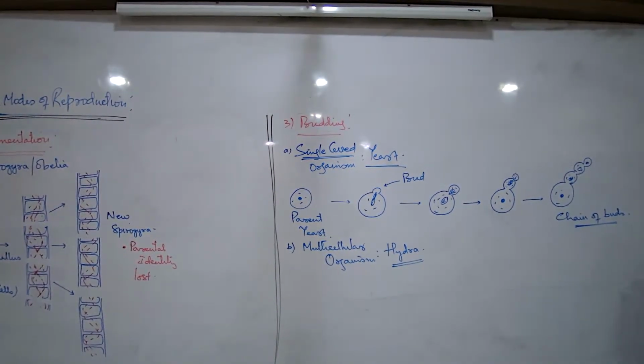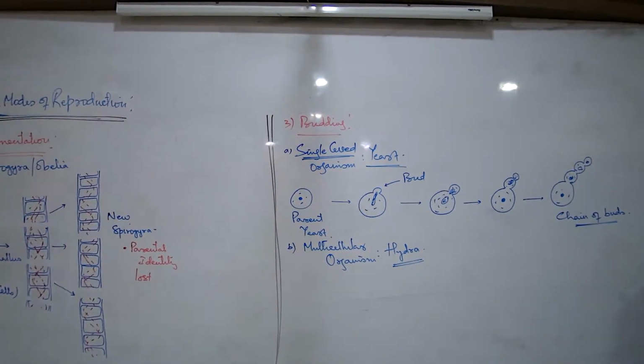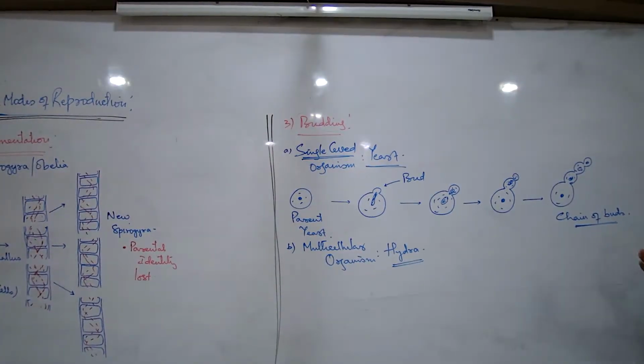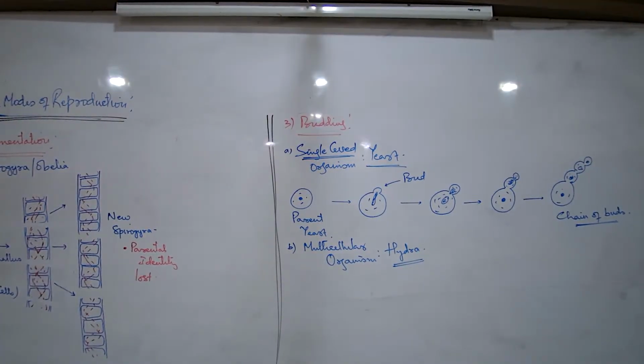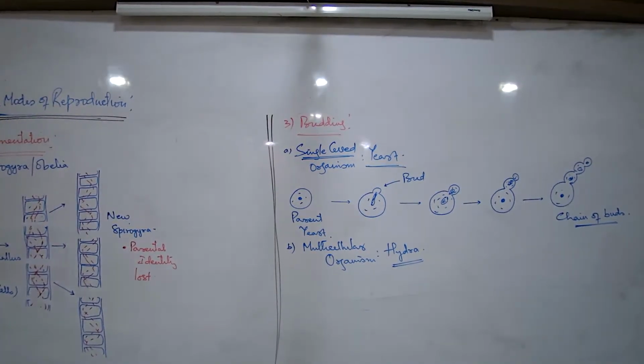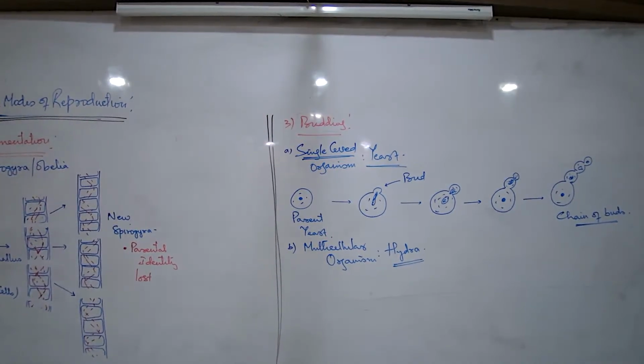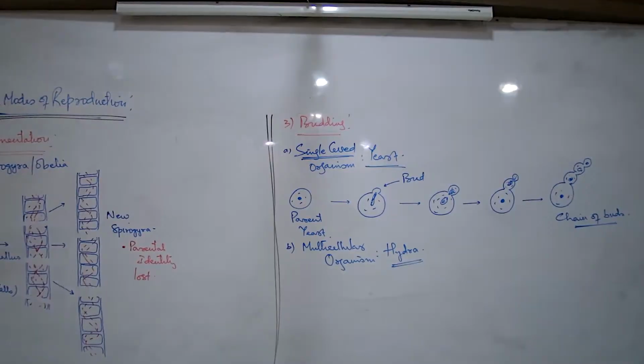So how does the hydra reproduce? The method is the same. But here, since it's a multicellular organism, it can give rise to many buds at the same time. This hydra also does not have well-developed organs and systems. Few tissues here, but it can give rise to many buds at the same time.